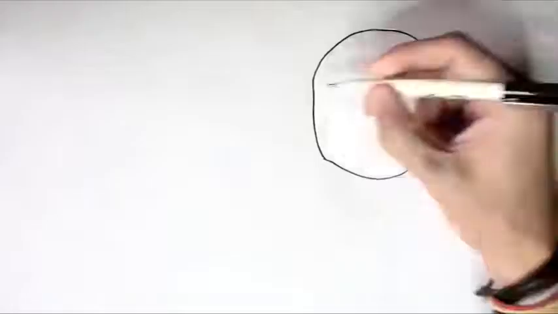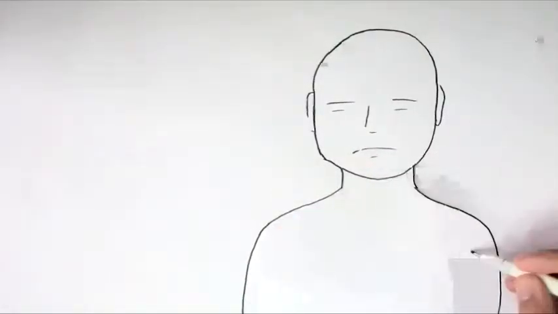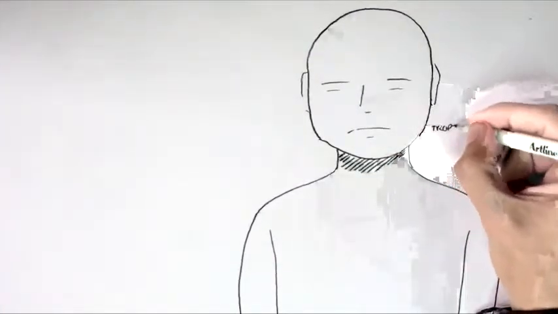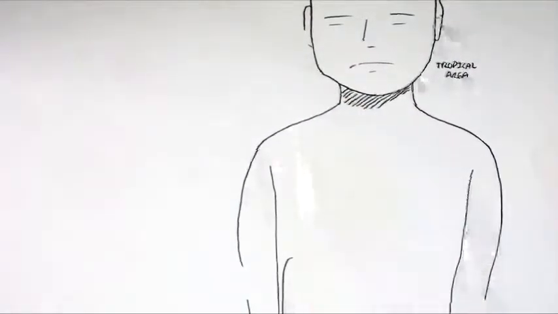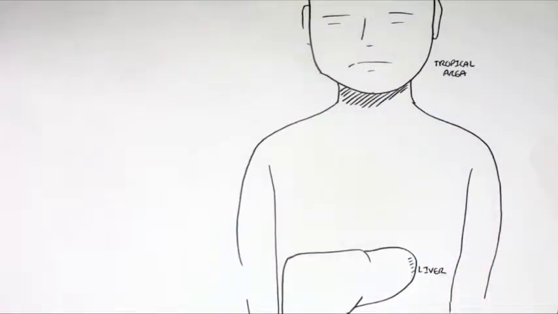Let's have a look at how the Plasmodium infects humans and what happens by looking at its life cycle from the time it enters a human body. So here I'm drawing a child, and he comes from a tropical area because this is where malaria is epidemic.